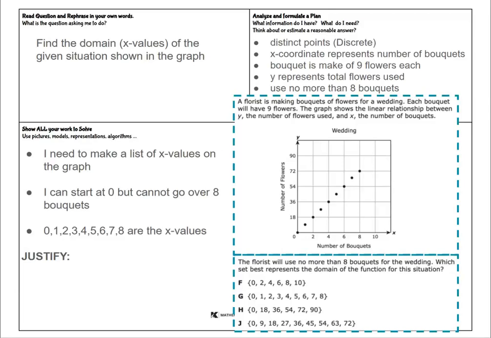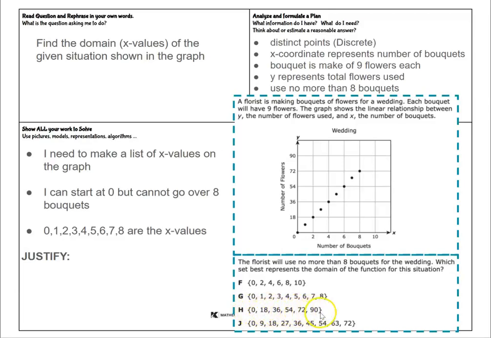Now I'm going to justify my answer by looking at the answer choices. The first answer choice, 0, 2, 4, 6, 8, and 10, is the scale for the domain, or the x values. G appears to be the list of values that I already had. I see that H goes beyond 8. Oh, that would be a misconception.